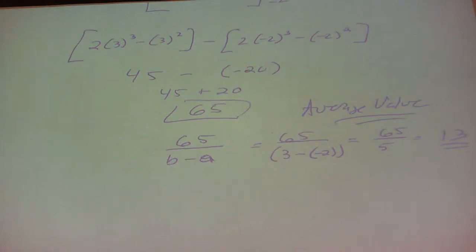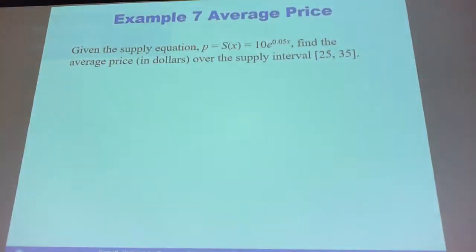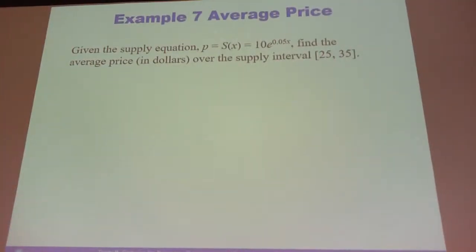And again, let's review and I'll throw in the average part later. So this says, given the supply equation, S of x equals 10 e to the 0.05x, find the average price over the supply interval from 25 to 35. So again, let's forget about the average part just for now so we can practice.